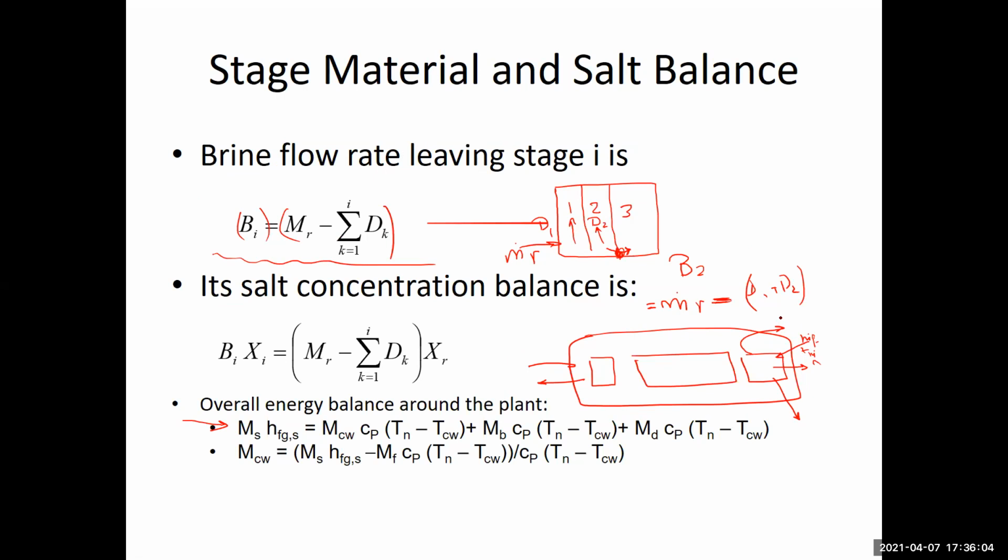The M dot cooling water is thrown away. M dot blown down is thrown away. M dot distillate is obtained as a product. And here we have M dot steam entering and leaving the unit. So making the balance for each one of these components is going to lead to this equation, which is a very good opportunity that will enable us to calculate the value of M dot of the cooling water.